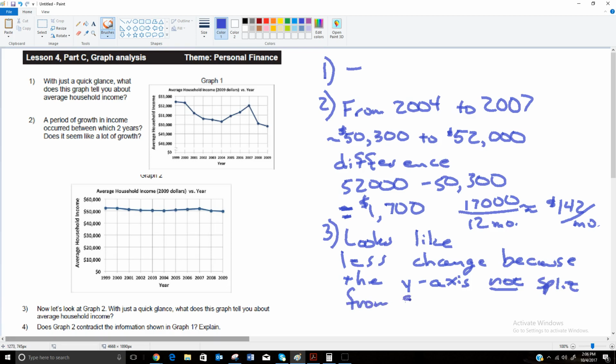From 0 to 48,000. So hopefully that'll help you remember that when you go back to look at those notes when you're doing your homework. So this makes it look like a lot less change because it's not a split graph.